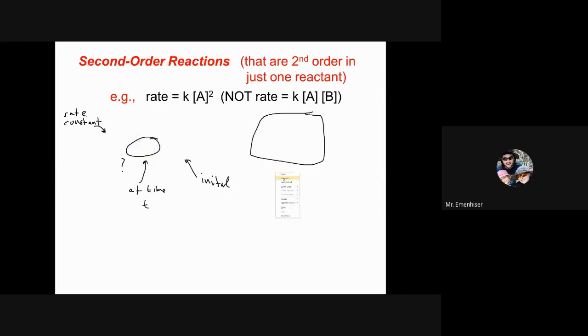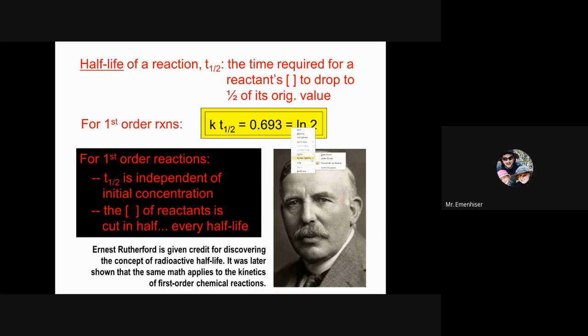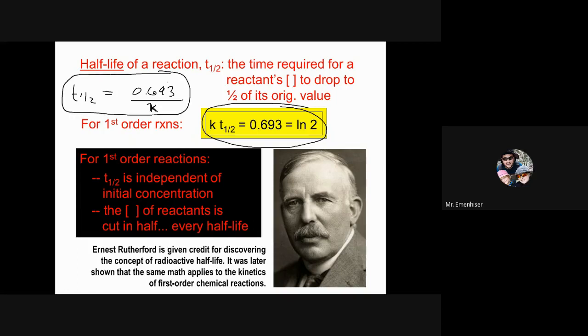So first-order reaction. For a first-order reaction, we're going to be using half-life, and it'll be this: K times T is equal to 0.693, or better yet, T1/2 is equal to 0.693, or the natural log of 2, divided by K. That's baby K. So that is our equation, and I think that's what you'll see on your formula sheet.